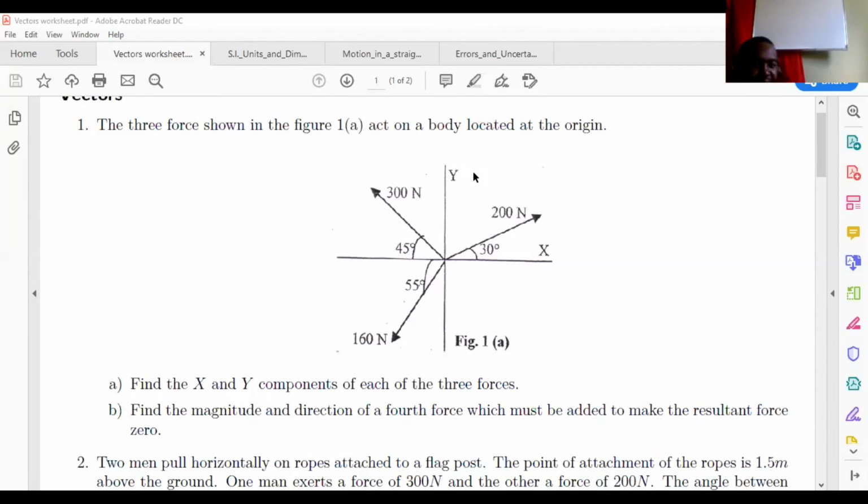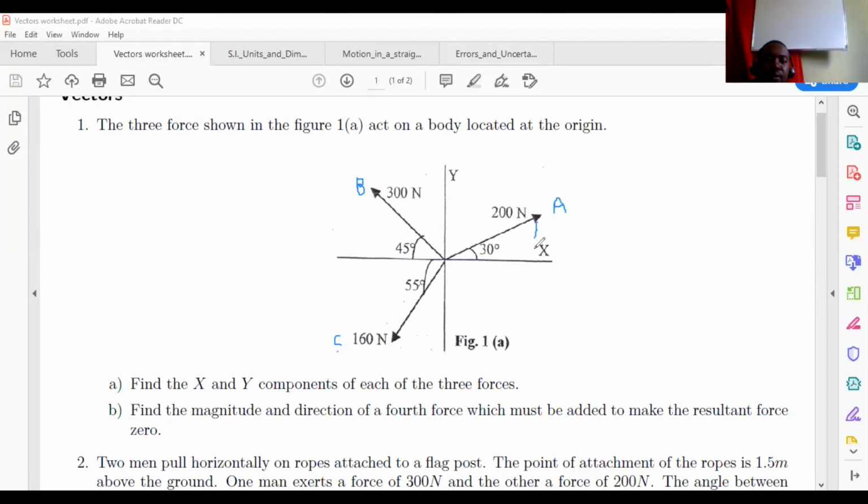All right, so let's go. We're going to call each force separately. We're going to call this 200 newtons A, 300 newtons B, and 160 newtons C. Therefore, we can complete these triangles.